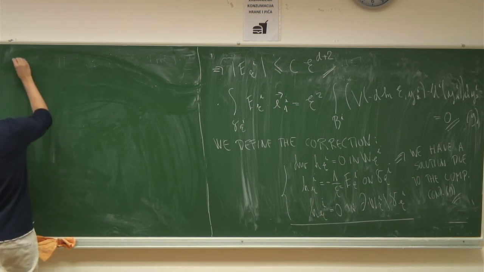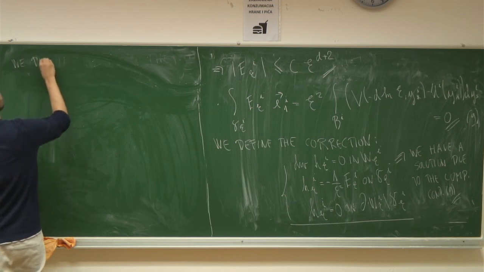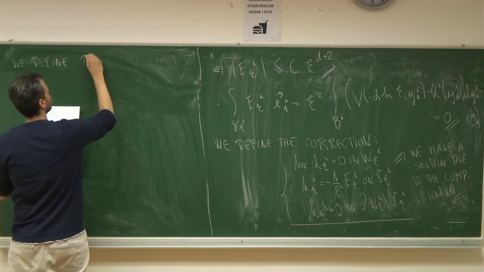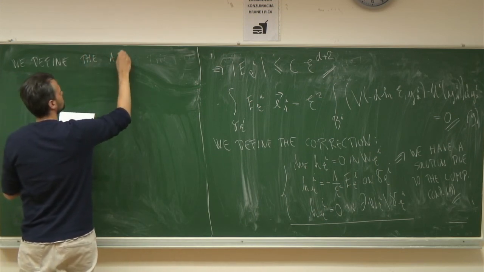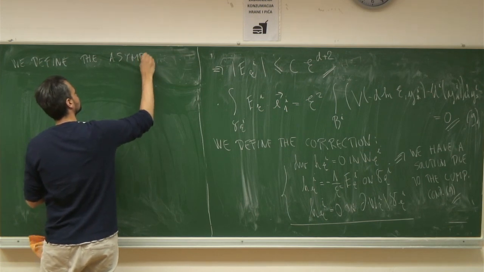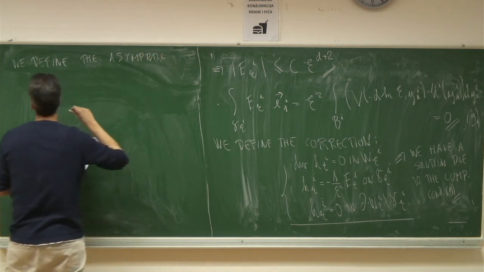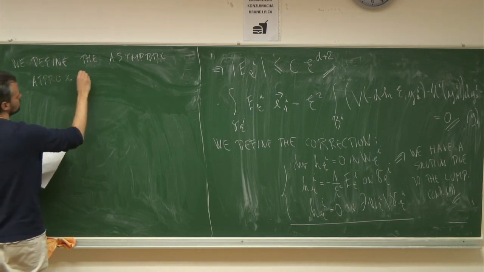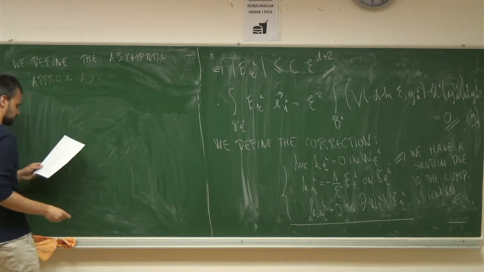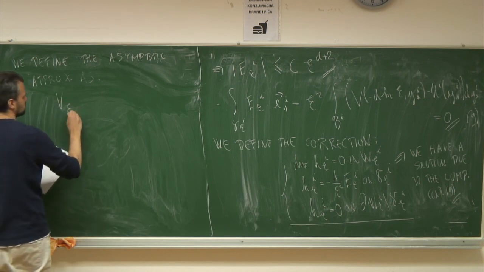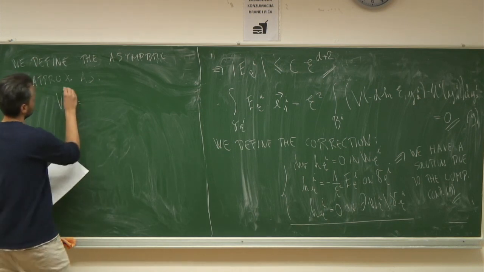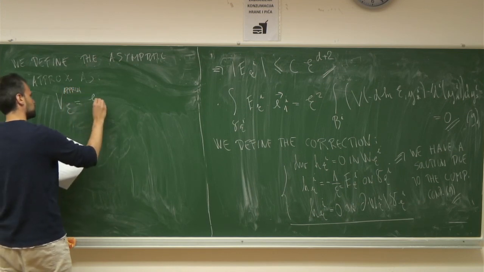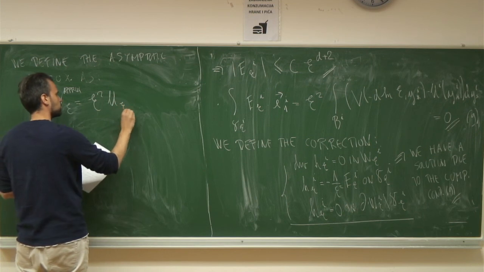We define the asymptotic approximation, which we denote epsilon approximate, as epsilon squared Q epsilon approximate.